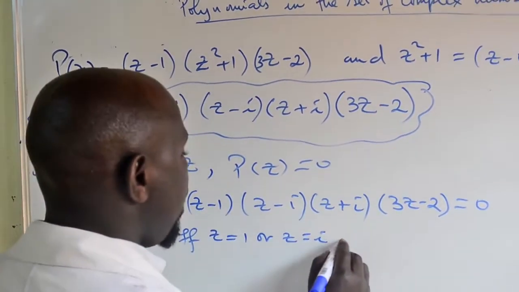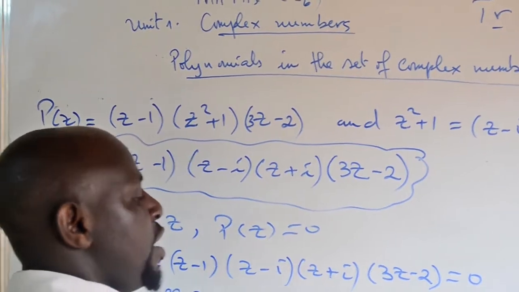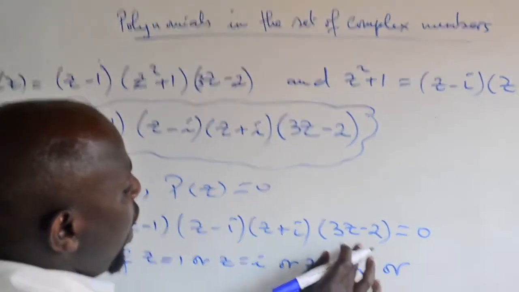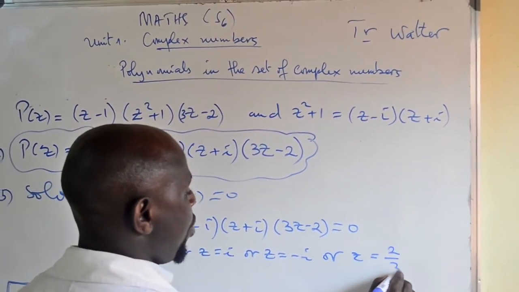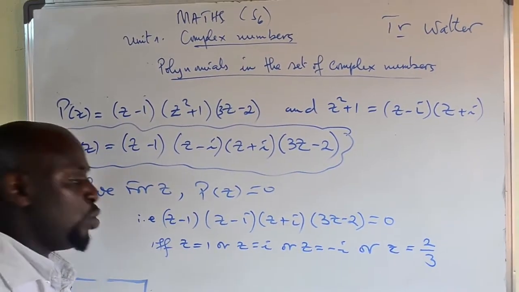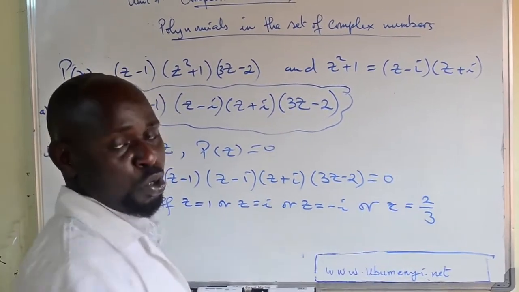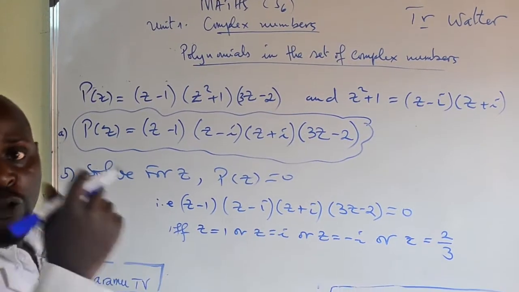For the third one, it is if z equals negative i, and this can also happen if and only if z equals 2 over 3, ladies and gentlemen. So here we have how many solutions? We have 1, 2, 3, 4 solutions. And that's why our polynomial was of order 4.